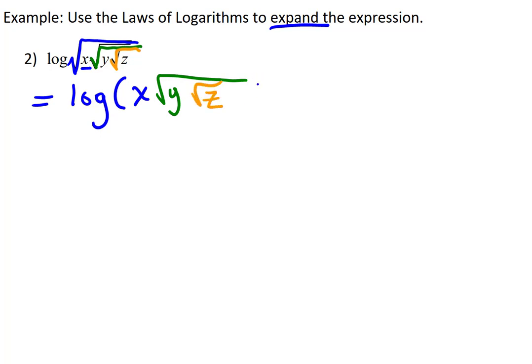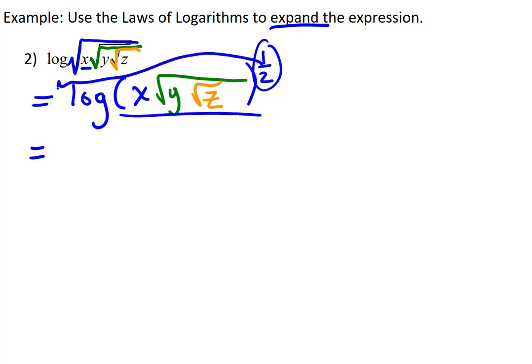I'll close up the blue parentheses and recognize that the whole point of what we just did is that those blue parentheses on the outside should have a 1/2 power, because we just converted that blue root into a 1/2 power. As soon as we do that, we can utilize the power law, which means we can take this power 1/2, the power of the entire log input, and throw it all the way down in front, so that now we have 1/2 times log of x times the square root of y.